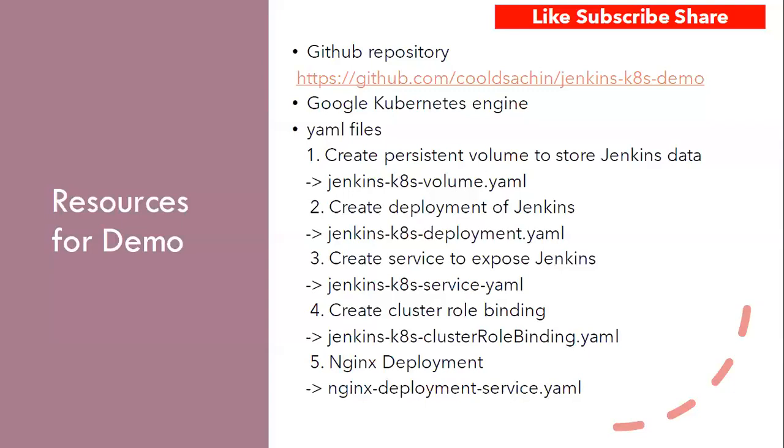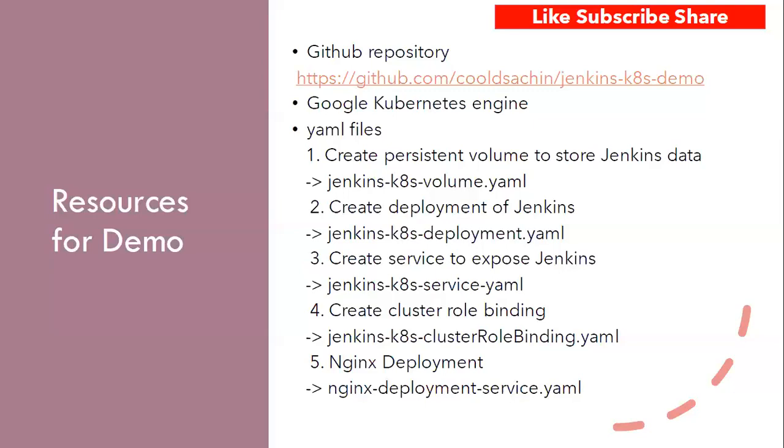Second is Jenkins Kubernetes deployment.yaml, which will be required to create deployment of Jenkins. Third is Jenkins Kubernetes service.yaml, which is required to create service to expose the Jenkins. Fourth, we will require is Jenkins Kubernetes cluster role binding.yaml to create cluster role binding.